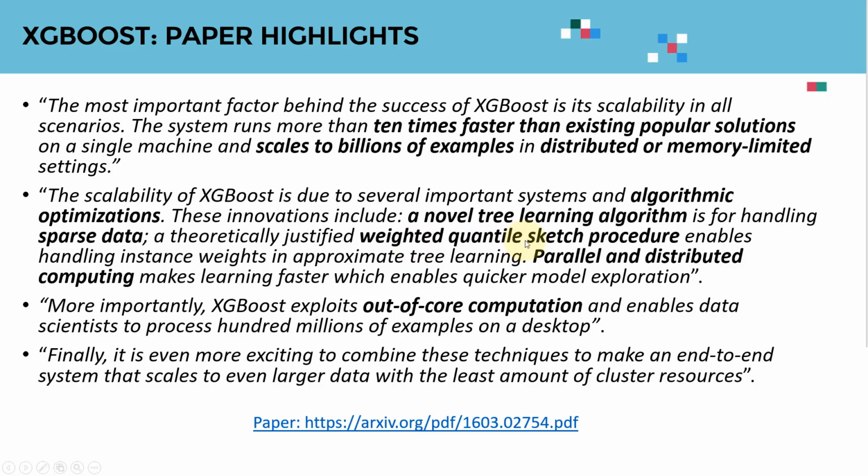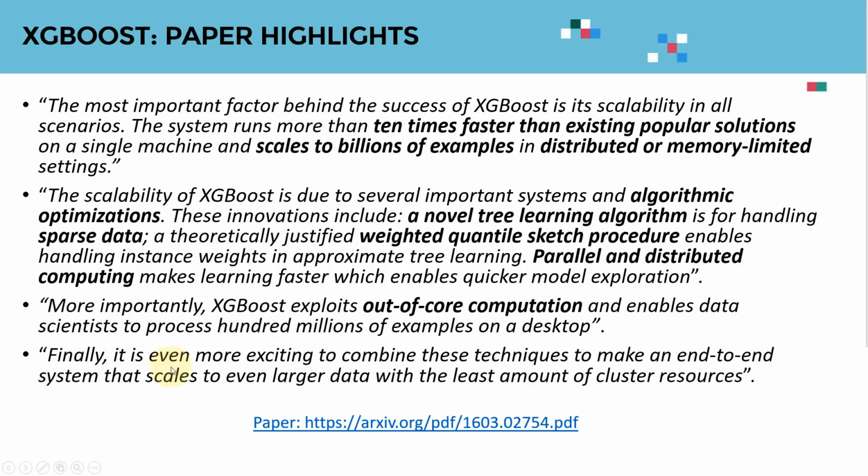There is the weighted quantile sketch procedure that enables handling instance weights in approximate tree learning. There is parallel and distributed computing, which makes learning faster and enables quicker model exploration. Also important, XGBoost exploits out-of-core computation and enables data scientists to process hundreds of millions of examples using just a basic desktop.